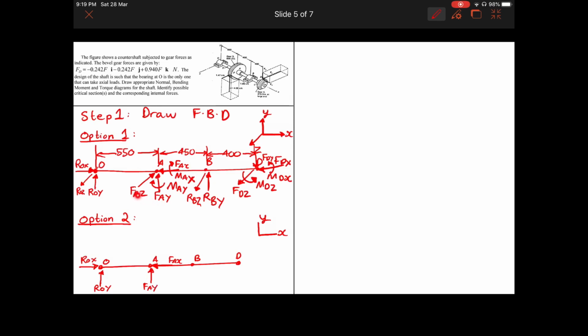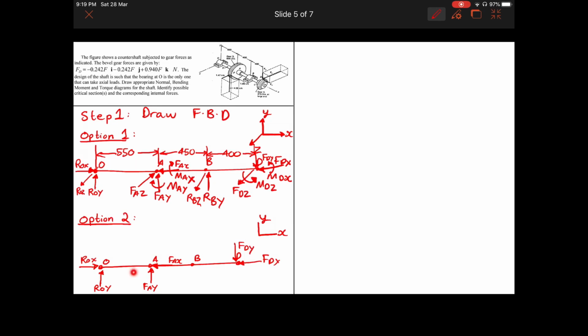We will not write any of the Z components. So these are the forces. We'll start with the forces and then move on to the moments. At D we have Fdx and Fdy, which is also negative.